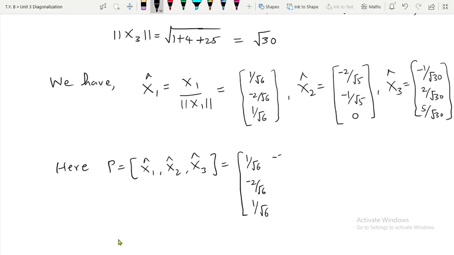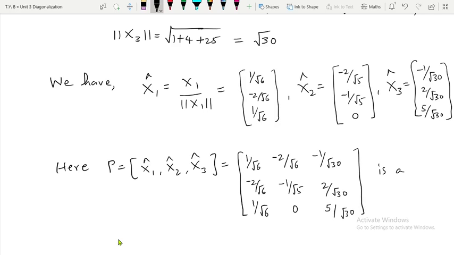The second column will be minus 2 upon root 5, minus 1 upon root 5, 0, and the last one will be minus 1 upon root 30, 2 upon root 30, and 5 upon root 30, isn't it?